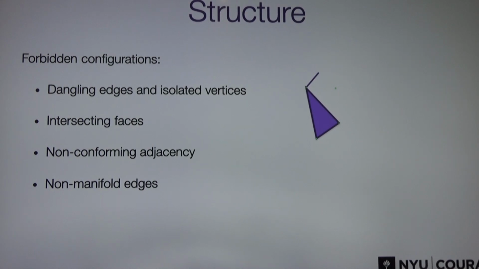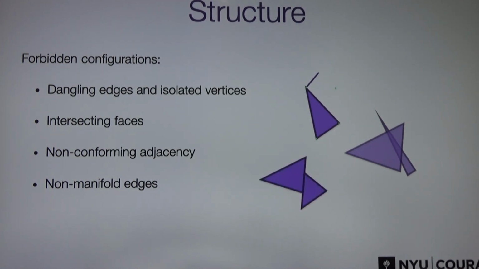So this is an example of a dangling face, an example of intersecting faces. This is a non-conforming adjacency. As you can see here, these triangles do not align, so this is not a valid mesh. And this is a non-manifold edge.